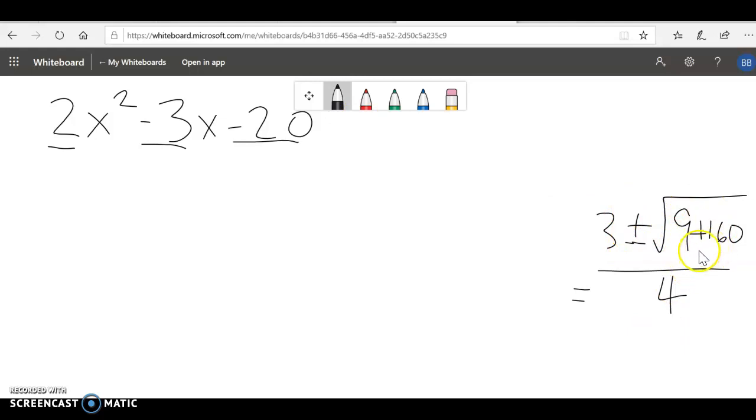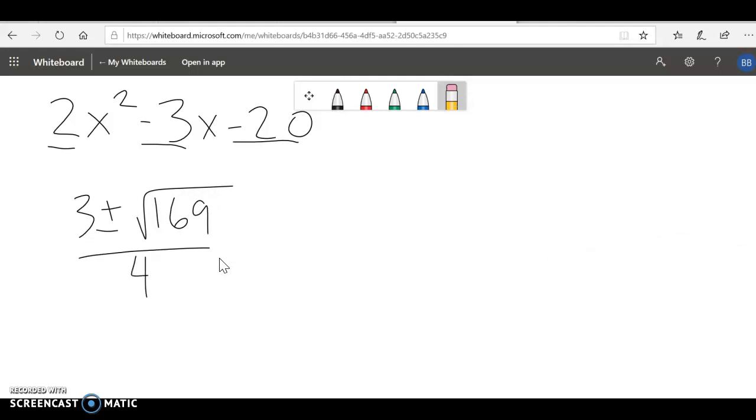So we have 9 plus 160. 9 plus 160 is 169. And then here is where you can either actually square root this on your calculator, or you can leave it just like it is.